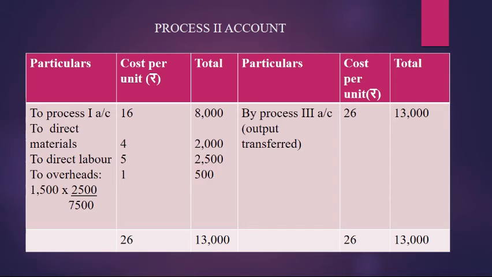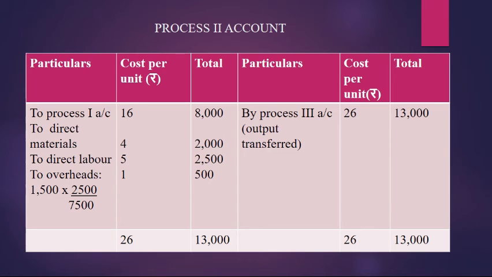Direct material 2000, given in the question, divided by 500, amounts to 4. To direct labor 2500 divided by 500, rupees 5. To overhead, it amounts to 1500 times the direct labor of process 2, 2500 divided by 7500, which amounts to 500. 500 divided by 500, rupees 1.